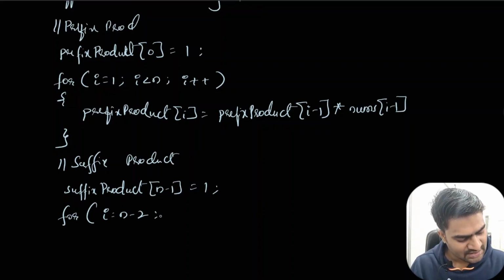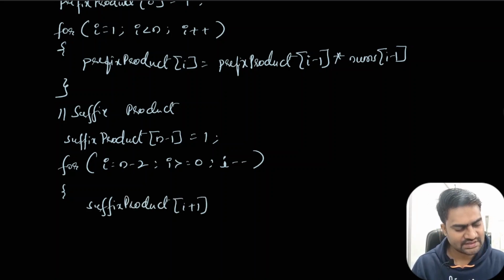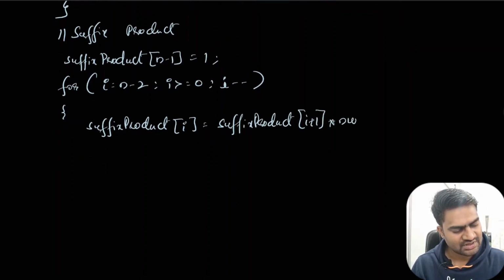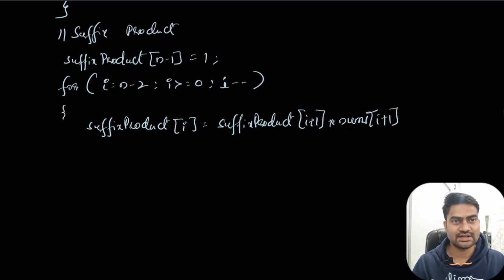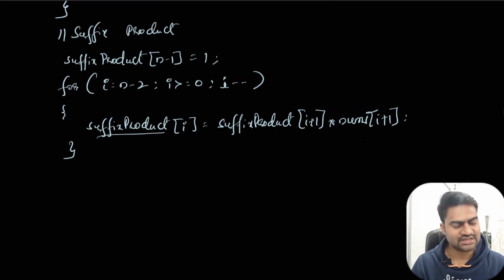Okay, then i greater than or equal to 0, i minus minus, then what we will do, suffix product of i equal to suffix product of i plus 1 into nums of i plus 1. Correct, right? And this is how we get our suffix product.